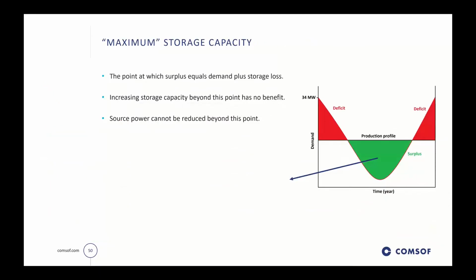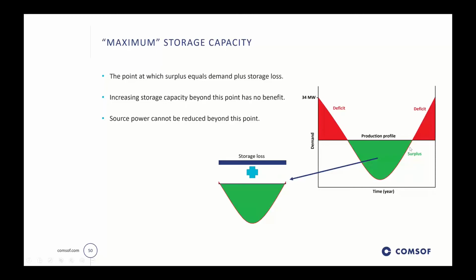If you look again at this graph, the question is, what's now the maximum storage capacity that you could install? Well, in fact, the maximum storage capacity is whatever the source can generate. See here, the green part is a surplus which is being generated in the summer, but which we actually don't need in the summer.